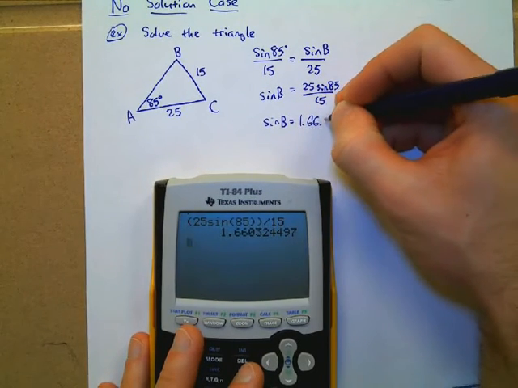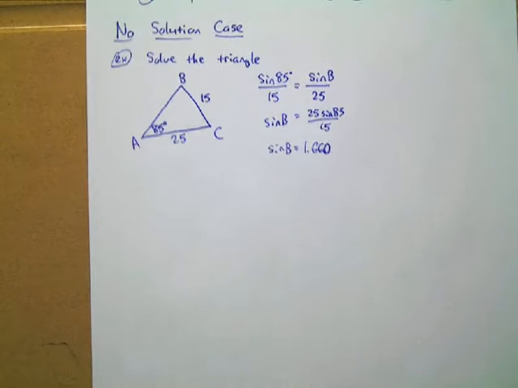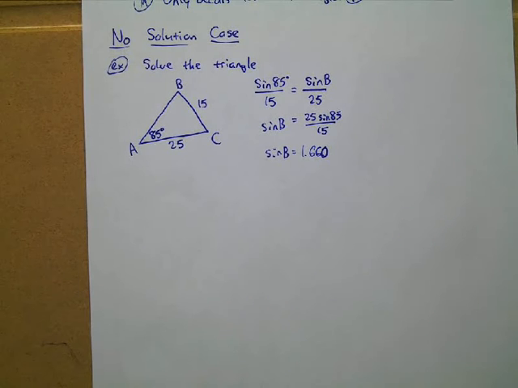What's the problem here? Why are we getting an error when we try to take the inverse sine of both sides? We're trying to find what angle, angle B, when you take the sine of it, gives us 1.66.